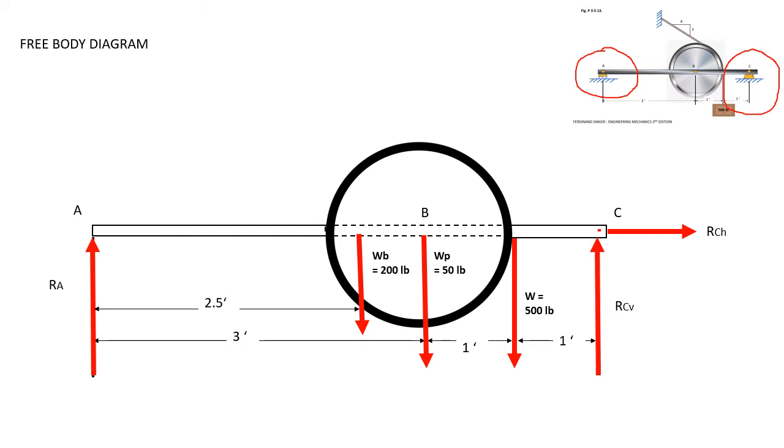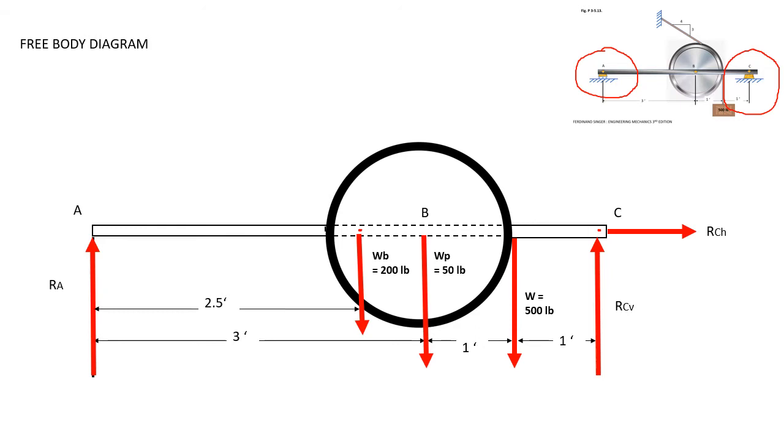So we have another force at the center of the beam, which is the weight of the beam. So we can calculate the distance from A to the center, which is 2.5. So we divided the full length of the beam by 2.